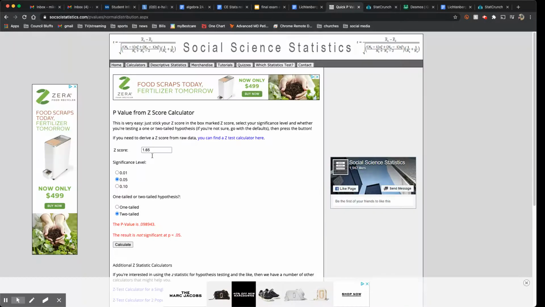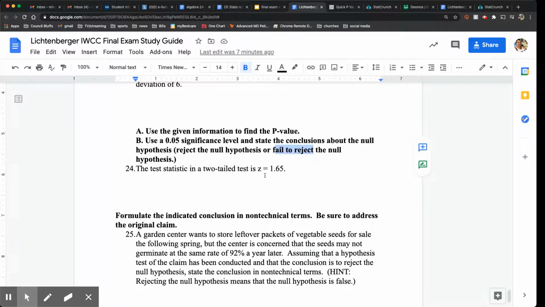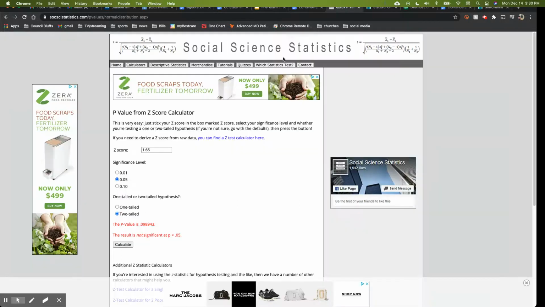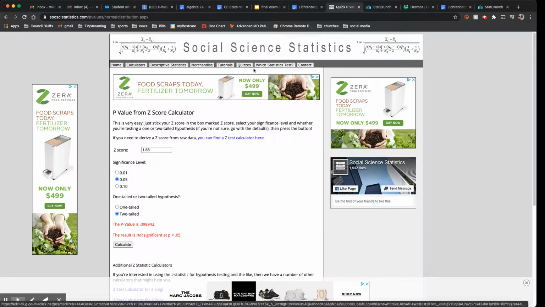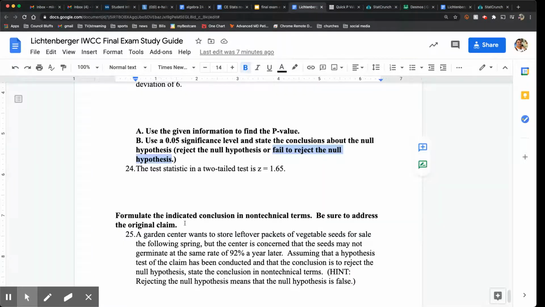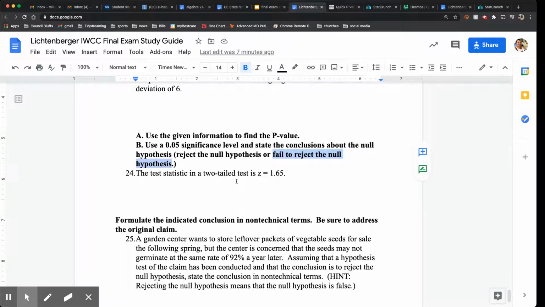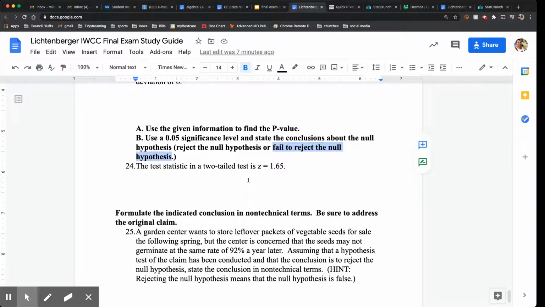So the p-value being greater than 5% means that our initial guess, the null hypothesis, is true. So our conclusion is fail to reject the null hypothesis. Again, the answer to part A is 0.099, and the answer to part B is fail to reject the null hypothesis.